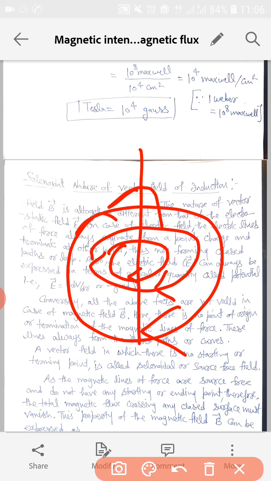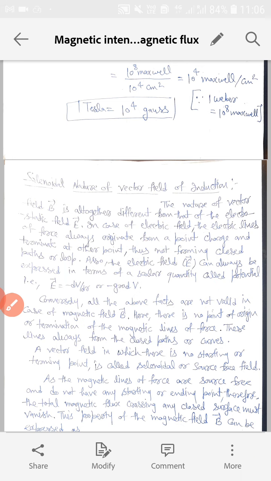For a closed loop, we cannot say what the origin point is and what the termination point is. These field lines always form a closed path or closed curve. So for this vector field, there is no starting or terminating point, and any vector whose starting and terminating points cannot be defined is known as having solenoidal nature, or a source free field.